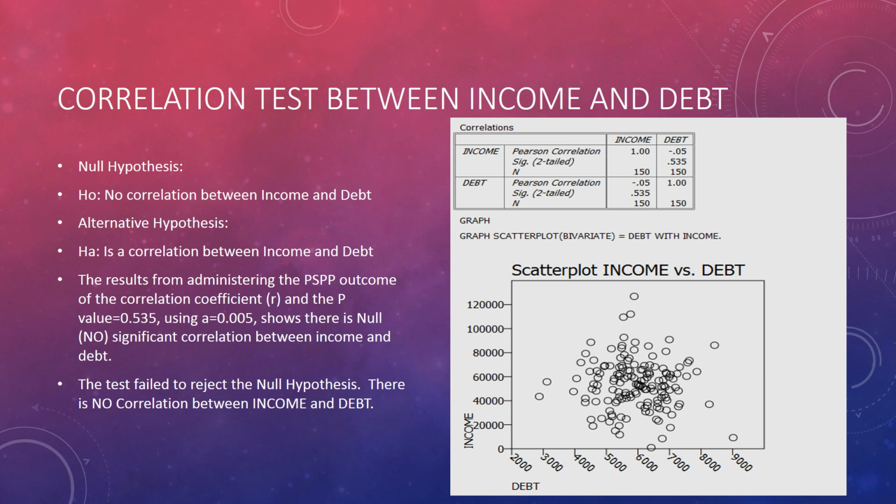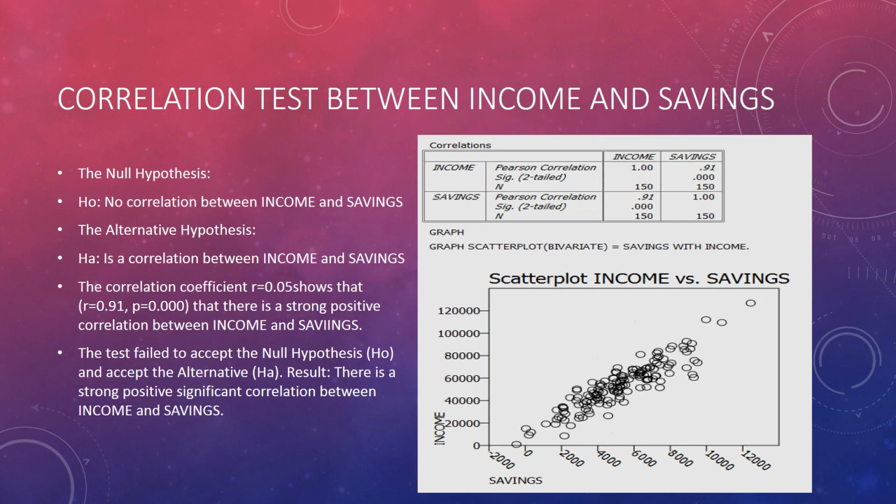Using alpha equal to 0.05, this shows there is no significant correlation between income and debt. The test failed to reject the null hypothesis. There is no correlation between income and debt. The scatter plot as well as the chart demonstrate what I just read to you.